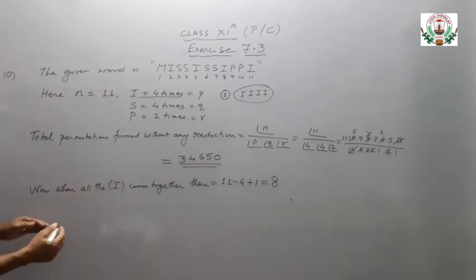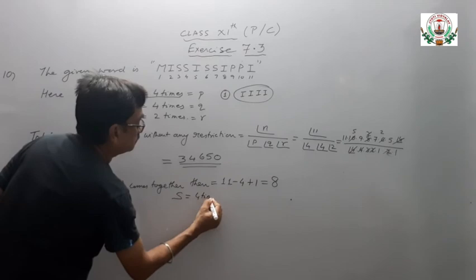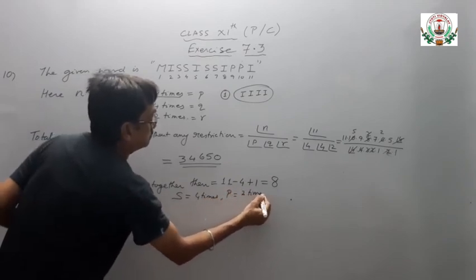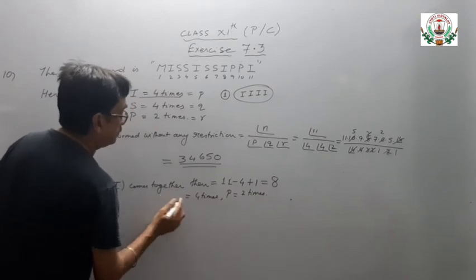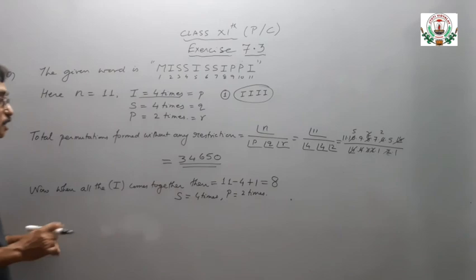Now in this case, S occurs 4 times and P occurs 2 times.